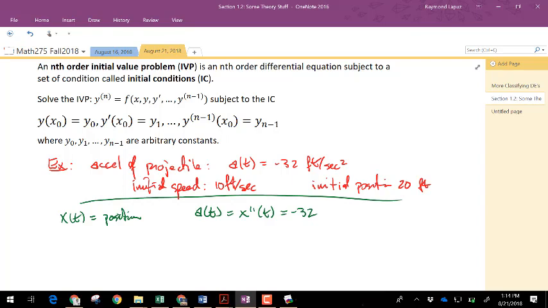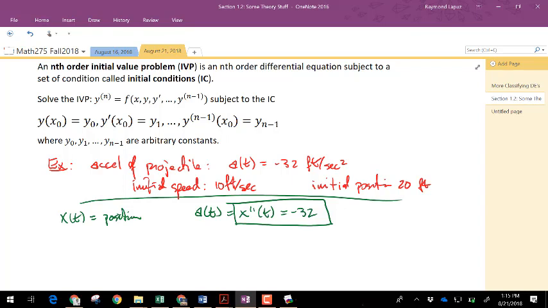So in this equation, if I focus just on x double prime equal to negative 32, that equation has the dependent variable x double prime, and it's not being squared, it's not being taken to the sine or ln of anything, so it's just by itself. And as long as it's by itself or being multiplied by another function, then it's going to be a linear function or linear differential equation. So this is a second order linear differential equation.